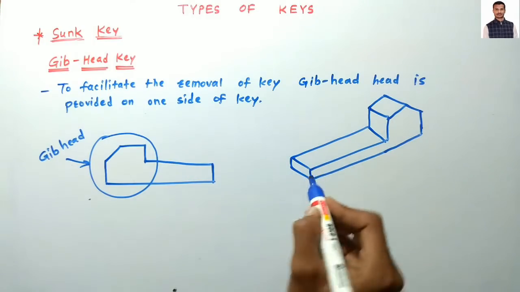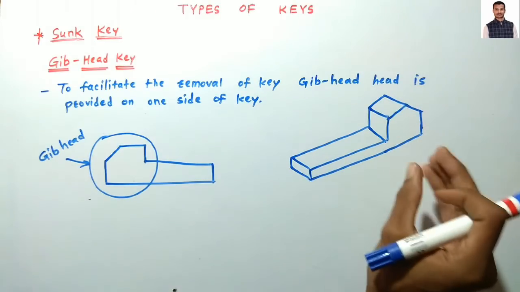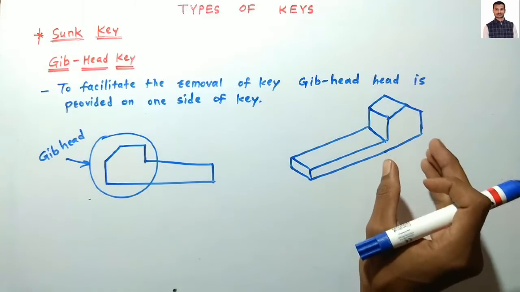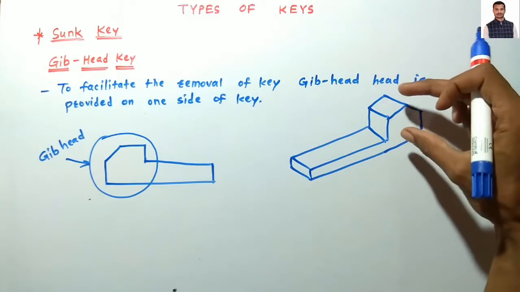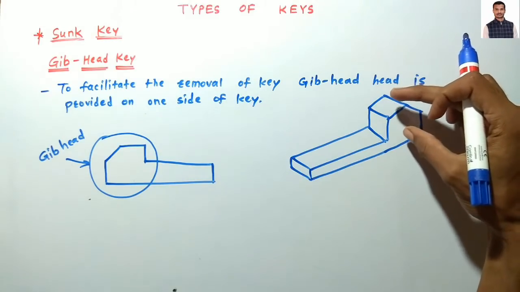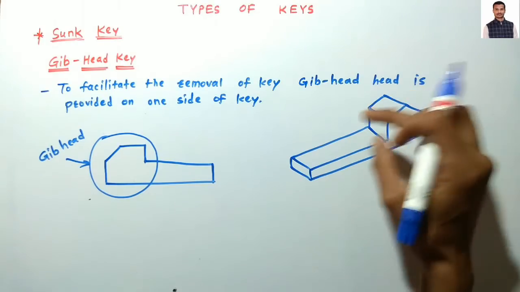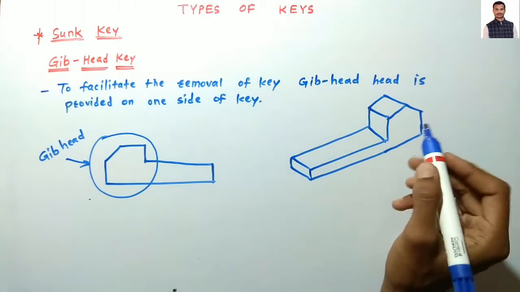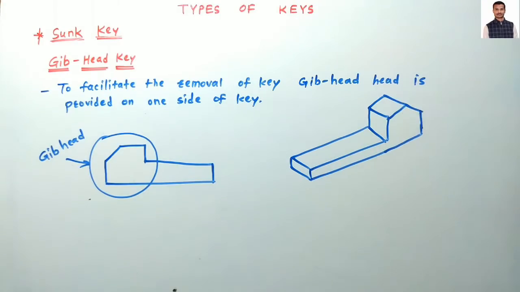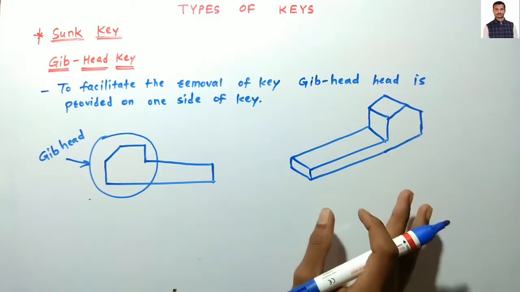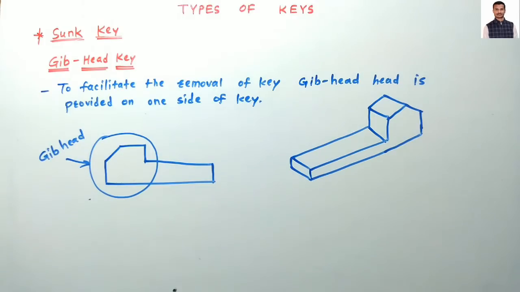So this is the width of key, this is the height of key, and this is gib head. So this gib head facilitates the removal of key. Using this gib head you can easily remove the key, easily insert the key in the keyway. So for that this gib head is provided.